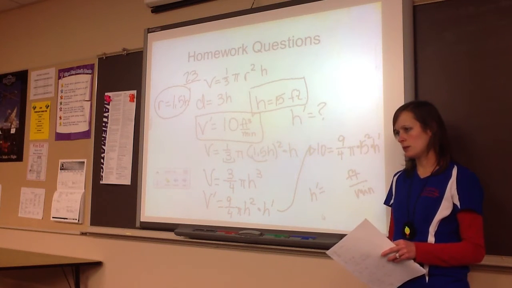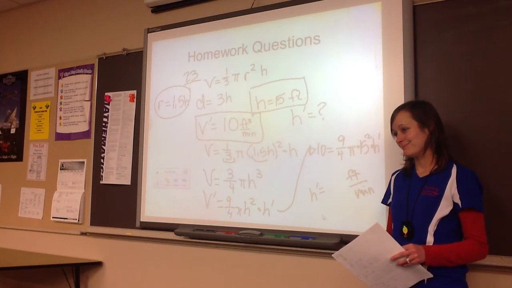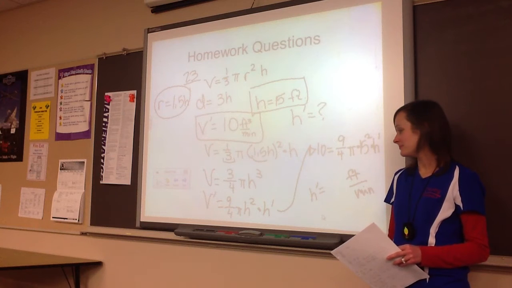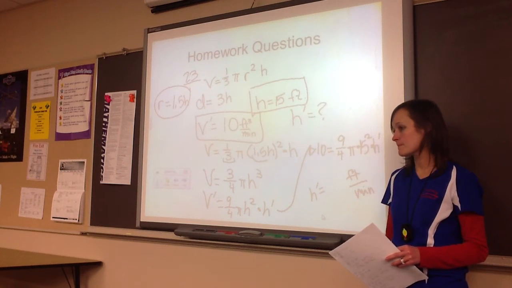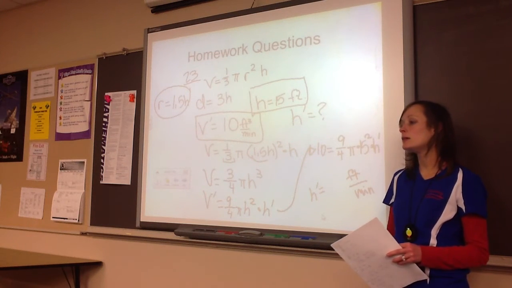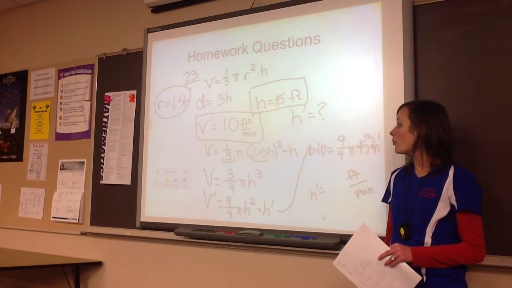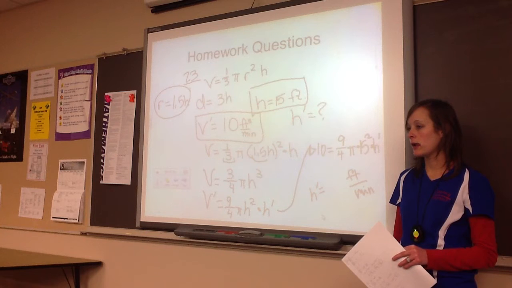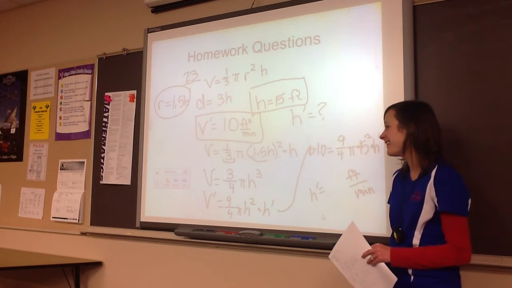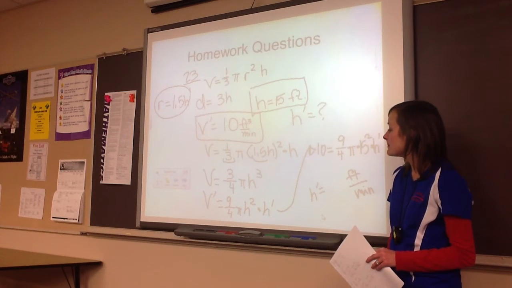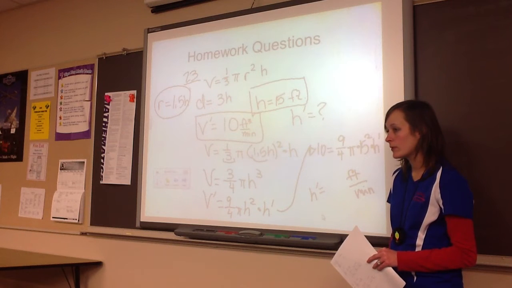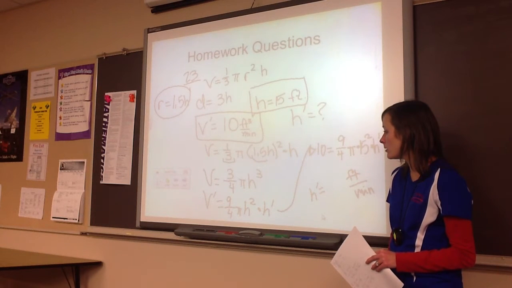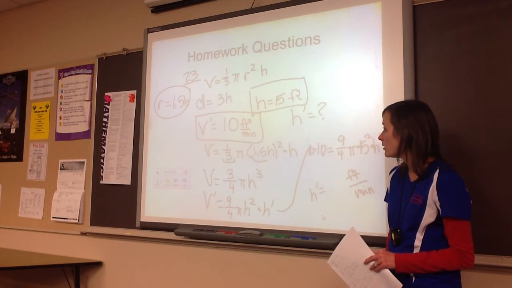What's wrong, Dakota? You're doing it differently, so I'm trying to follow the steps in my head. Would you like to share what you did differently? I had the same as you with v equals pi over 3 r squared h, and I didn't plug anything in.